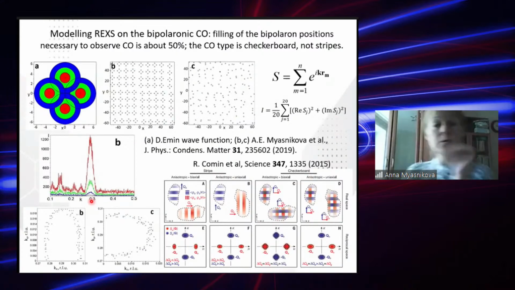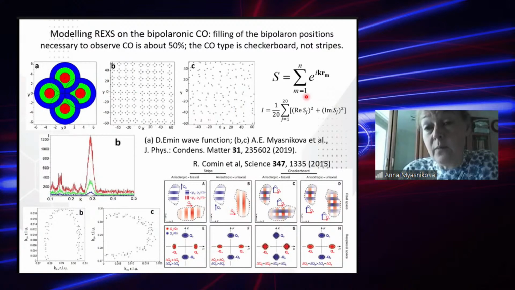We also model the resonant inelastic X-ray scattering on the bipolaron charge ordering. We prepare the system in such a way using an even wave function, and we consider cases with different filling of these positions. Here are the equilibrium positions, and here are the instantaneous positions if all positions are filled.